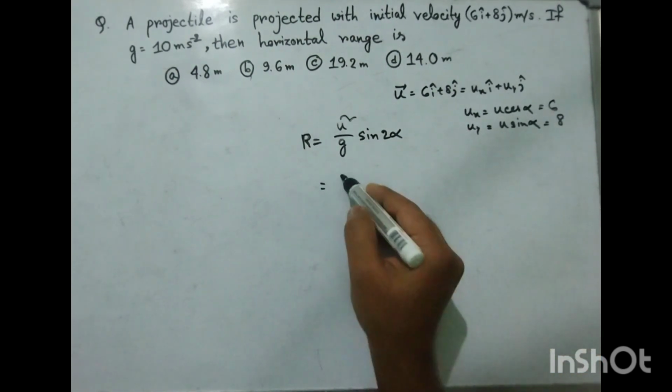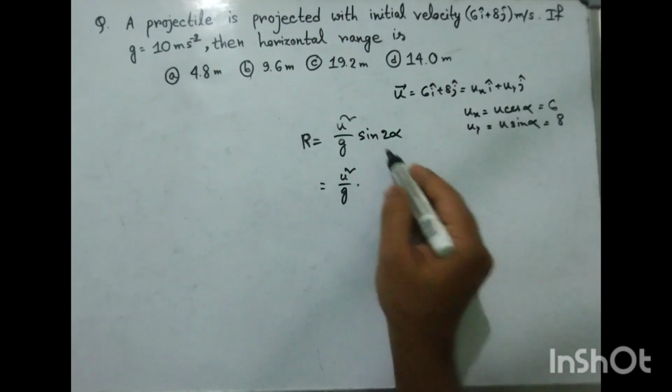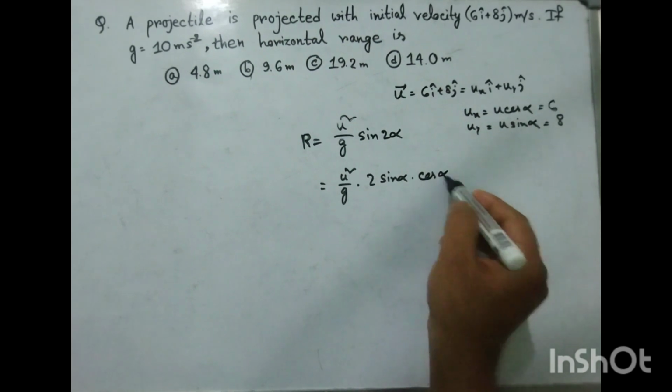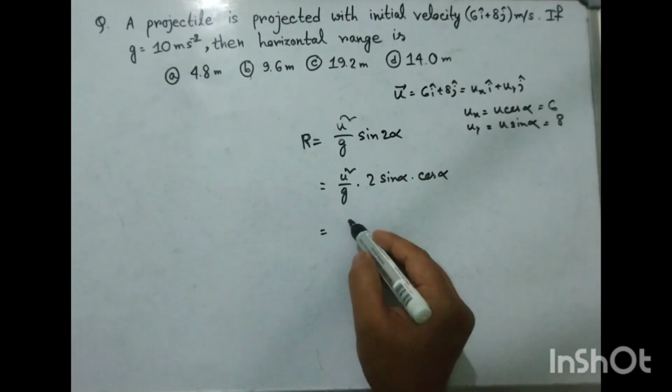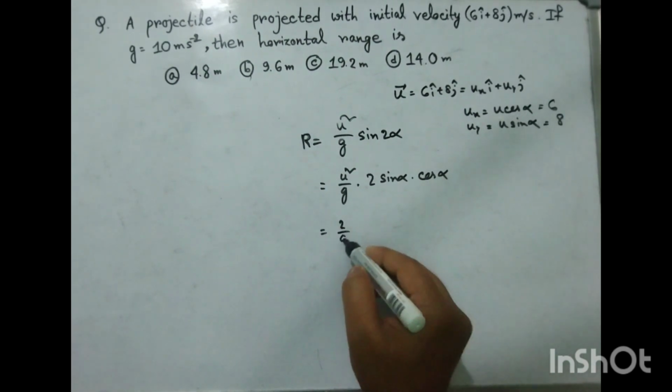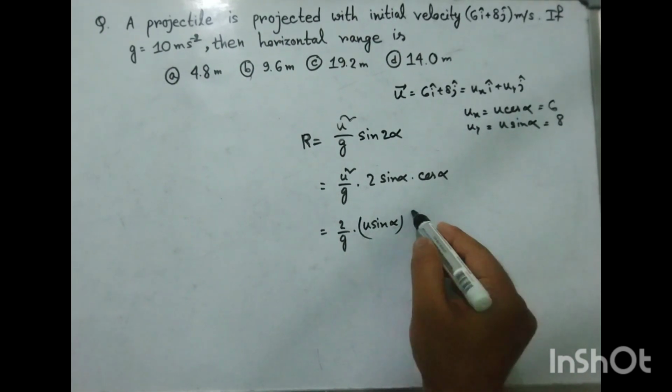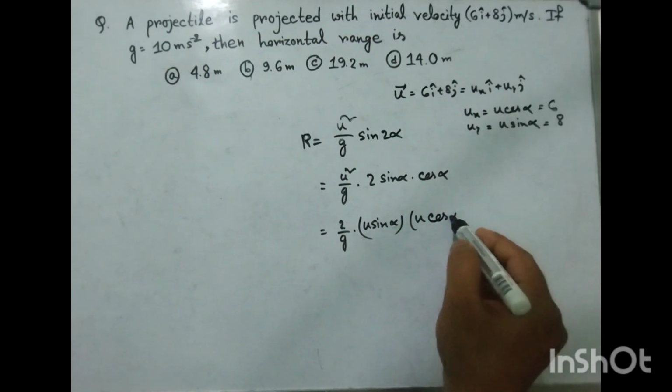So u cos alpha is 6 here and u sin alpha is 8 here. Now we know sin 2 alpha means 2 sin alpha into cos alpha. That means we can write R as 2 by g times u sin alpha into u cos alpha.